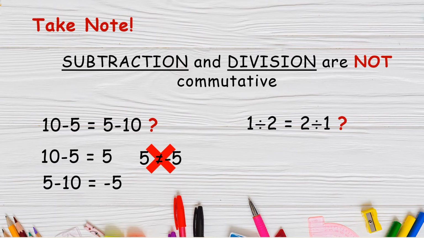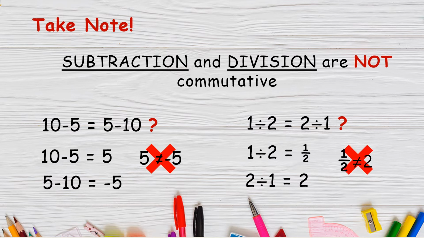In division, is 1 divided by 2 equal to 2 divided by 1? Since 1 divided by 2 is equal to 1/2, and 2 divided by 1 is equal to 2, hence division is not commutative.